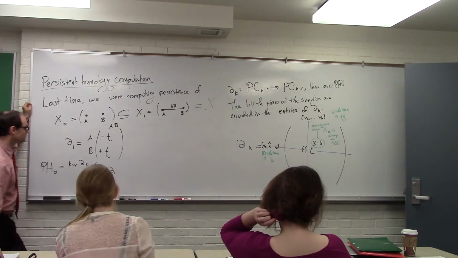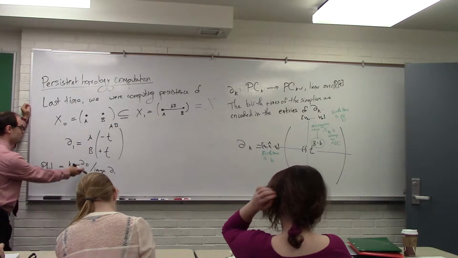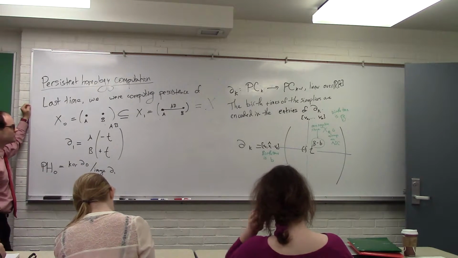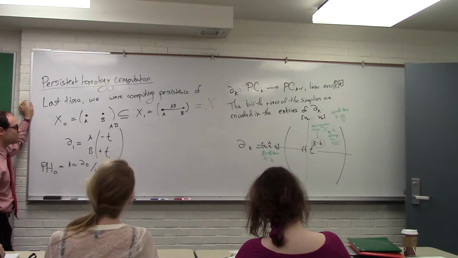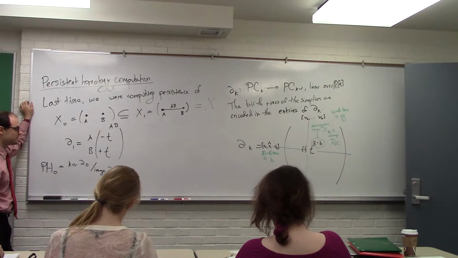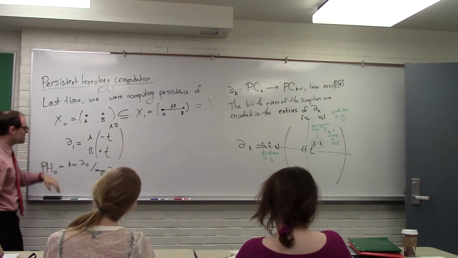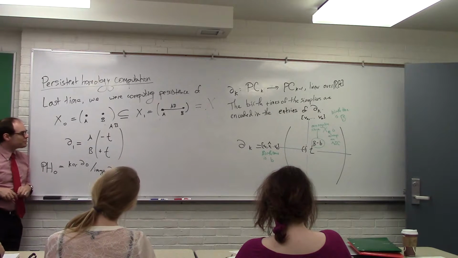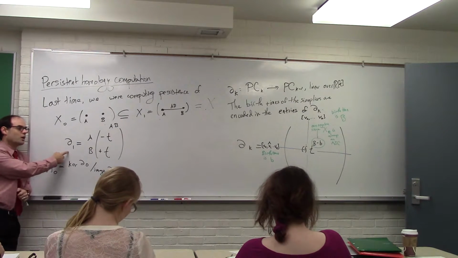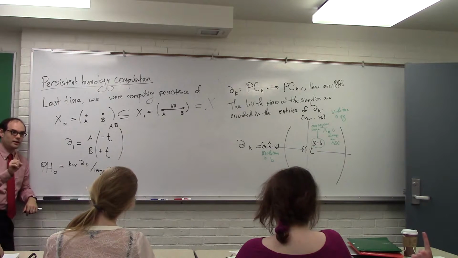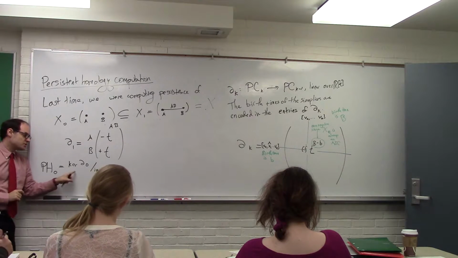Well, the kernel of boundary 0 is everything, right? Don't think of it necessarily as a two-dimensional space. Because what's the dimension of the image of boundary 1, if I were to think of it as a vector space? 1.